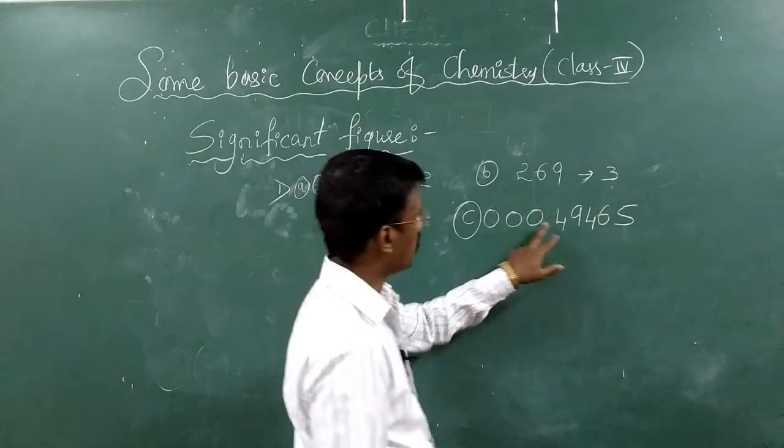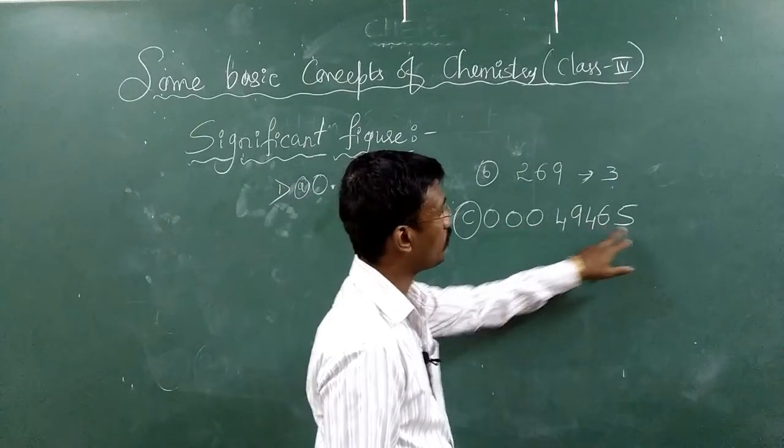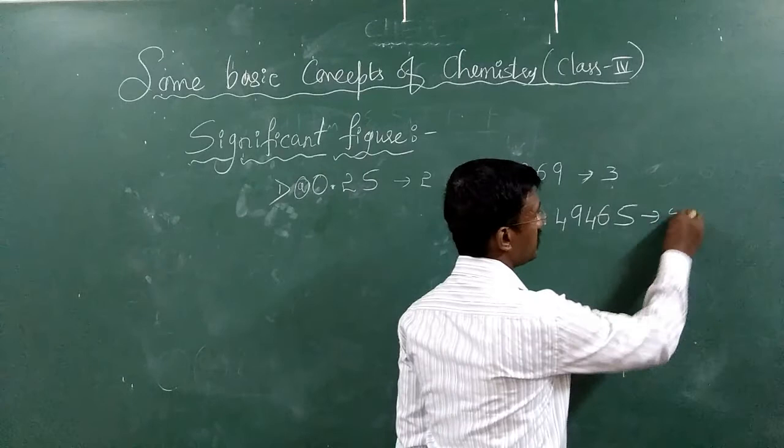How many are there? 1, 2, 3, 4. The significant figures of this number are 4.